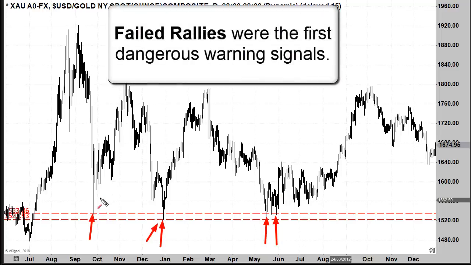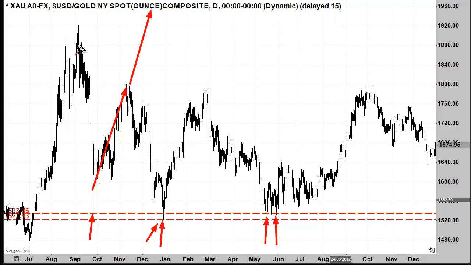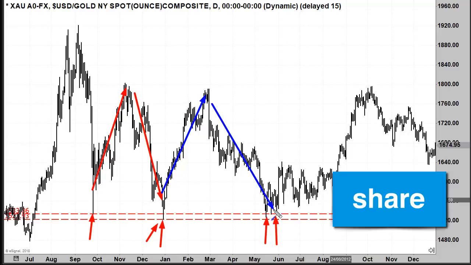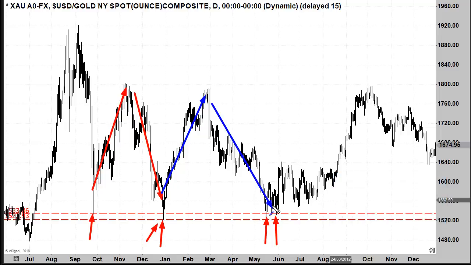As I've already said in this video, gold tried to get something going, tried to make new highs. It did not do that. It failed. That was the first failed rally. For a second time, gold tried to make another high, tried to make new highs. It failed again. That was a second failed rally. And again, we can see over here, it tries to make a third attempt.